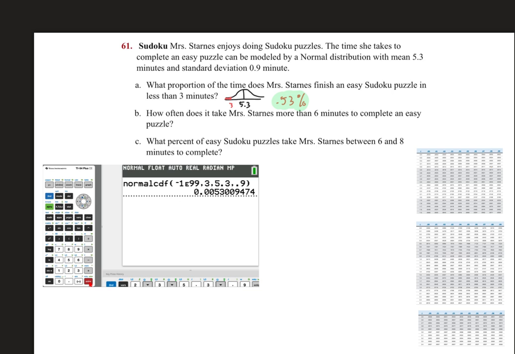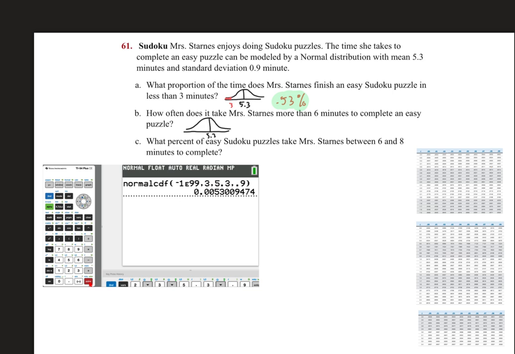Okay, next one, we'll do all these in the calculator first, and then go back and do them all in Table A. So how often does it take Mrs. Starnes more than 6 minutes to complete an easy puzzle?